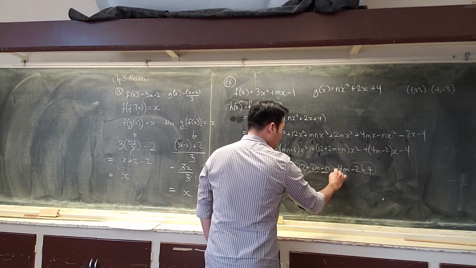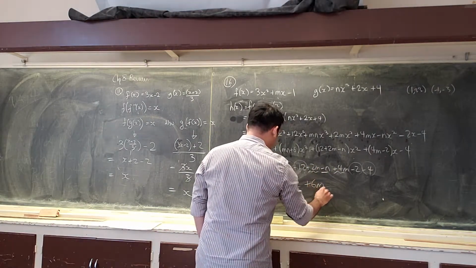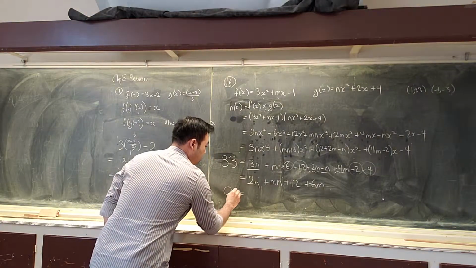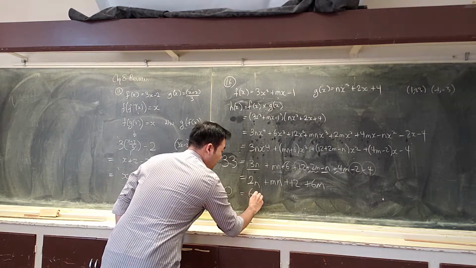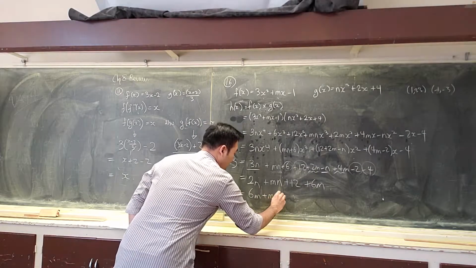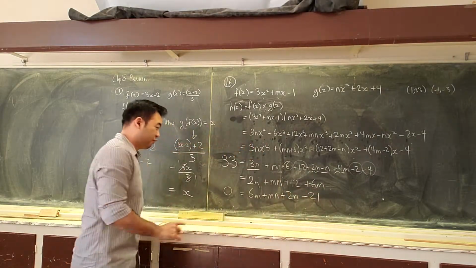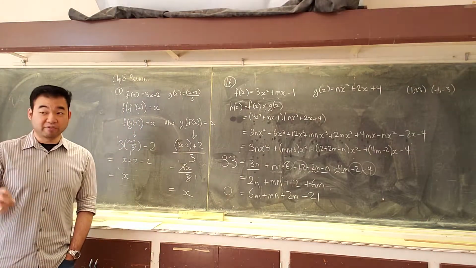And 2m, okay, so let's fix it. 6m plus mn plus 2n minus 21. There's my first equation. Not very nice, but that's okay.